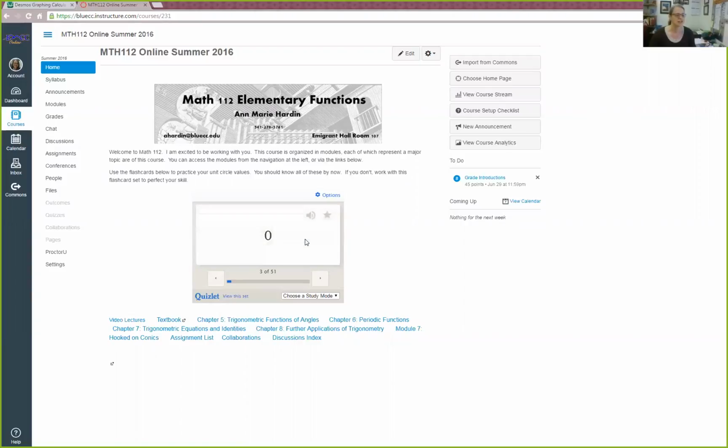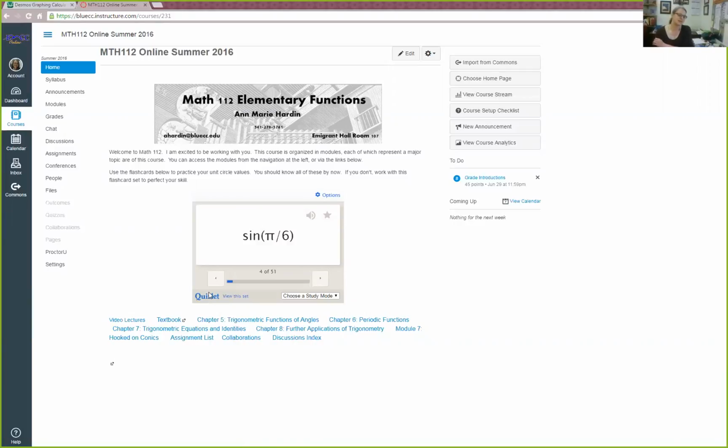So these flashcards, I'm commending them to you for your use. There's a lot of different functionality in this little gizmo. You can choose how you would like to study them. This is actually from Quizlet.